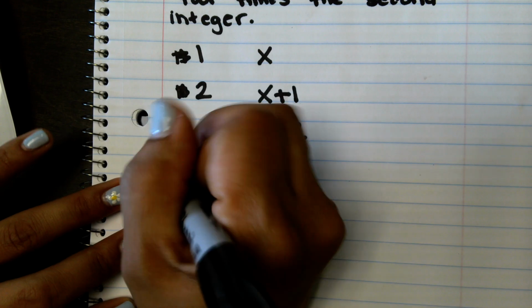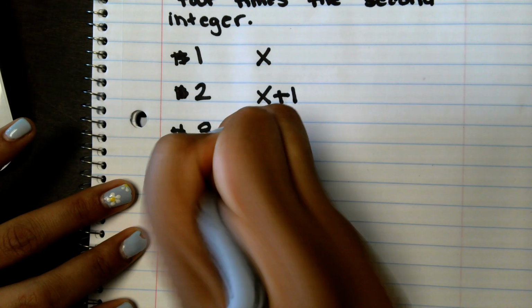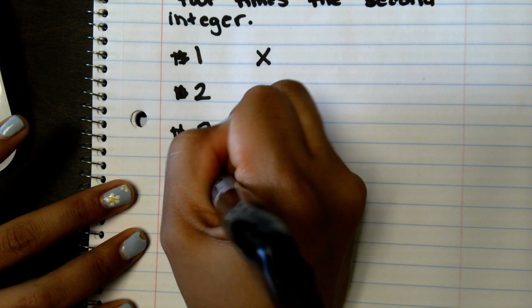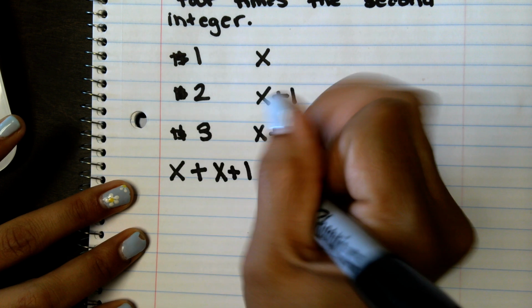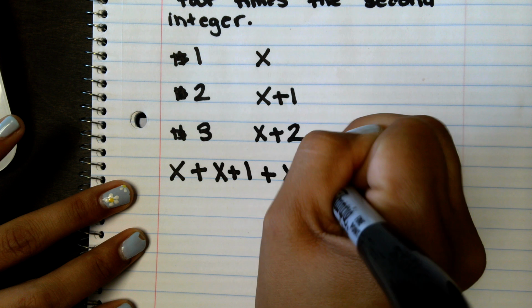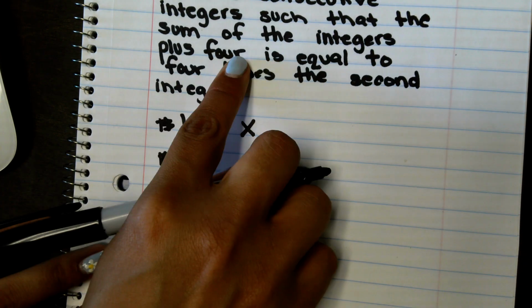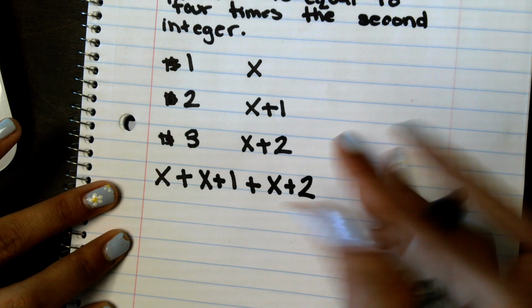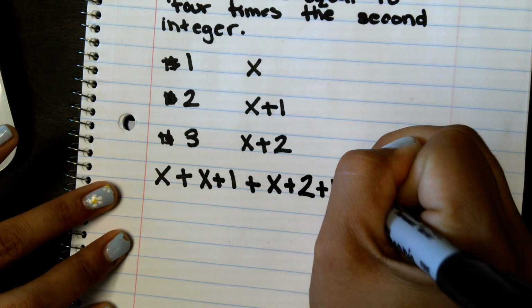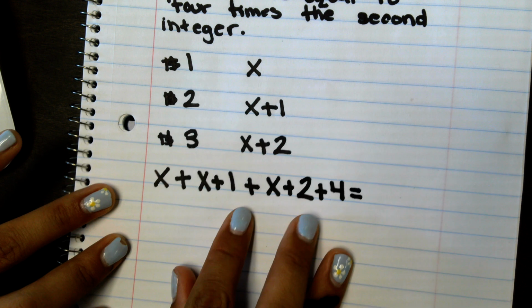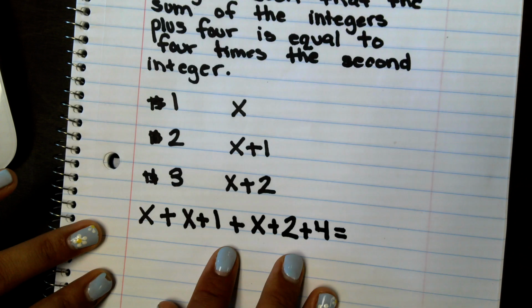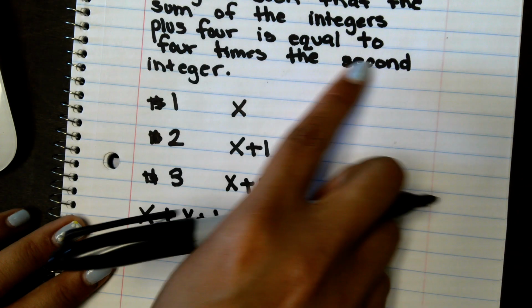So that means I'm going to have x plus x plus 1 plus x plus 2. So we've added all those up. So the sum of the integers plus 4. So at the end, it's all of that plus 4 is equal to, well, what is it equal to? 4 times the second integer.